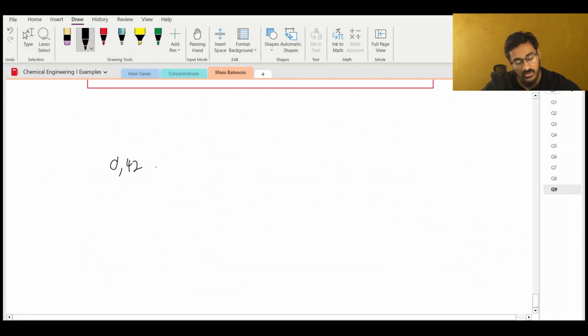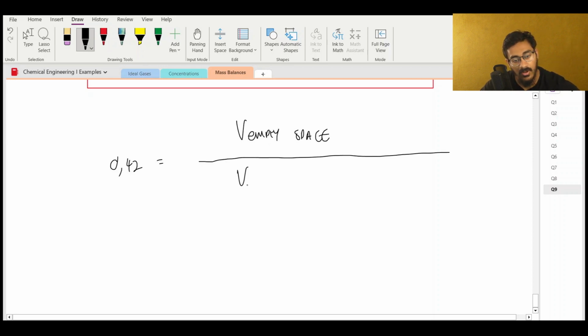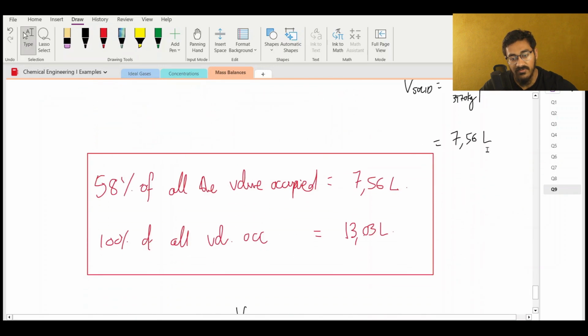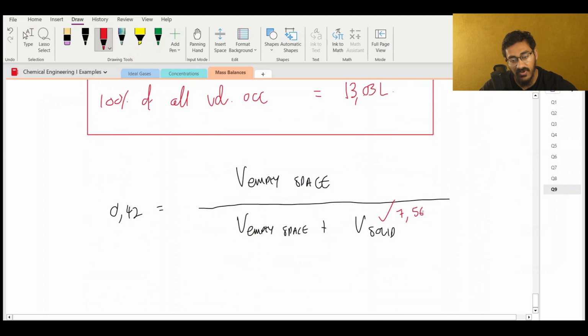Empty space means it's not filled by a solid, it's filled by air, over volume of empty space plus the volume of solid catalyst particle. So I know the solid catalyst particle as 7.56 liters. So 7.56 liters is actually being occupied by solid alumina particles. So the rest of this must be empty space.